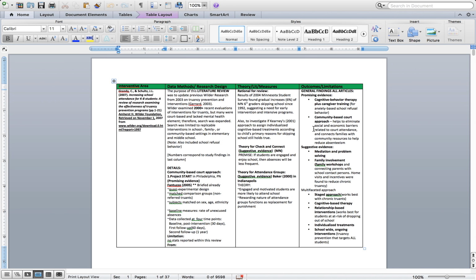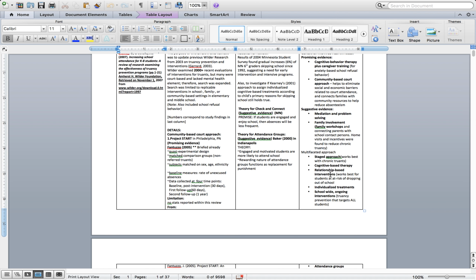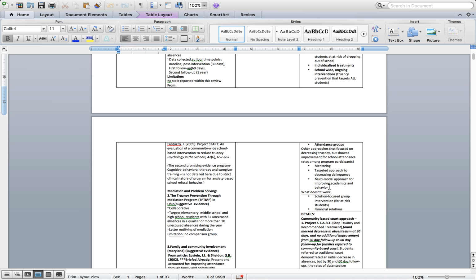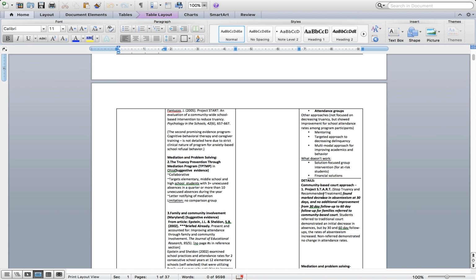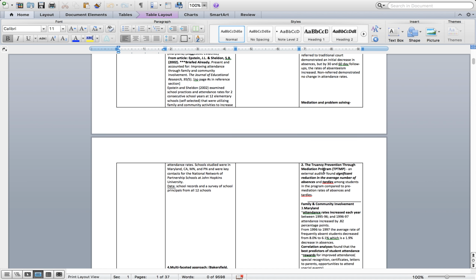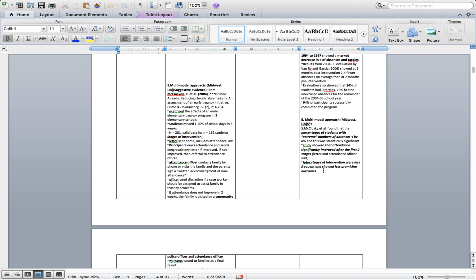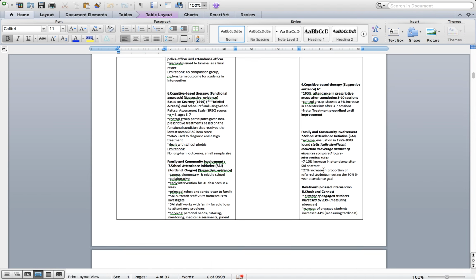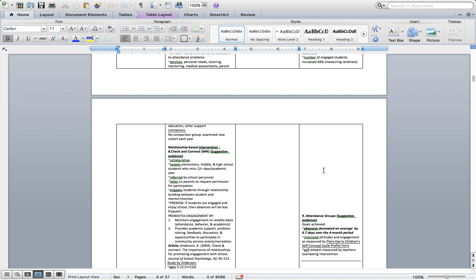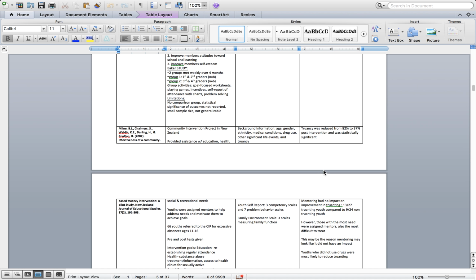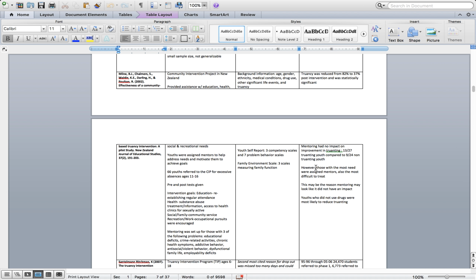And then in my outcomes and limitations, I have the general findings for all the articles, what was promising evidence, what was suggestive evidence, what kind of worked, what doesn't work, and then details about each and every one of these. This one is actually really long, but that's okay. It was one that I used. It had a lot of literature in it, and I needed a lot of information about them because they were eventually used.